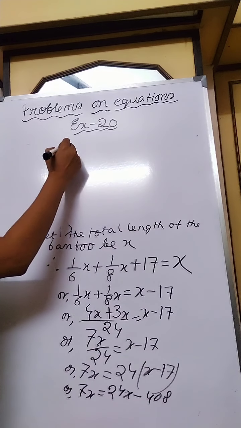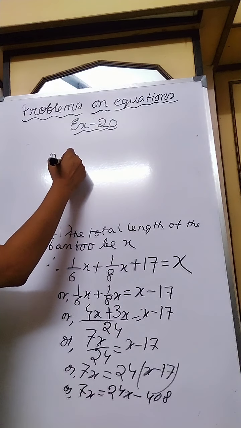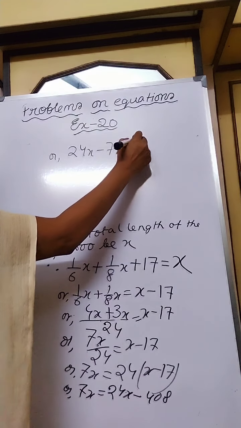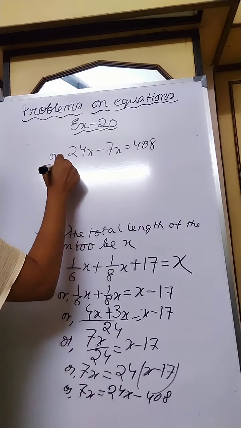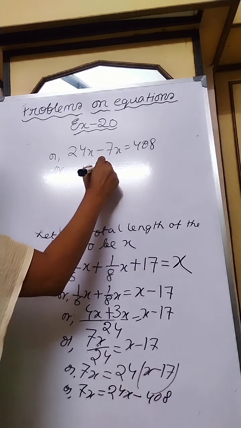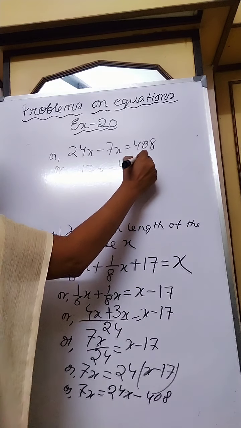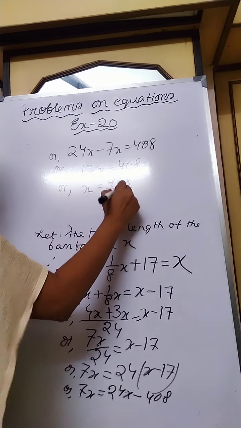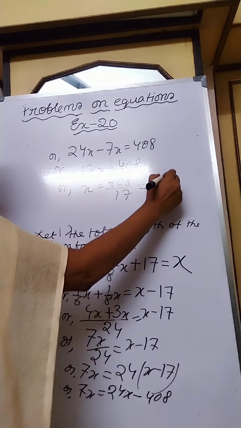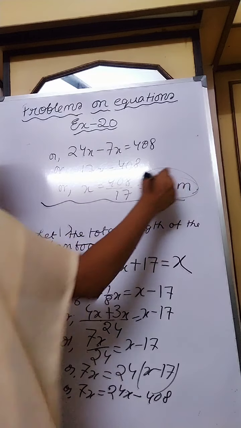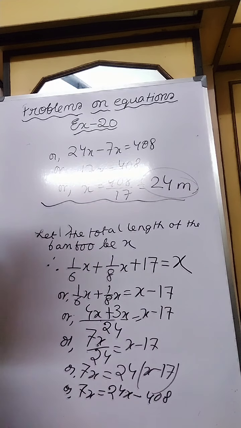So ultimately the equation will become 24x minus 7x equals 408, or 17x equals 408, or x is equal to 408 by 17, which is 24 meter. The total length of the bamboo is 24 meter.